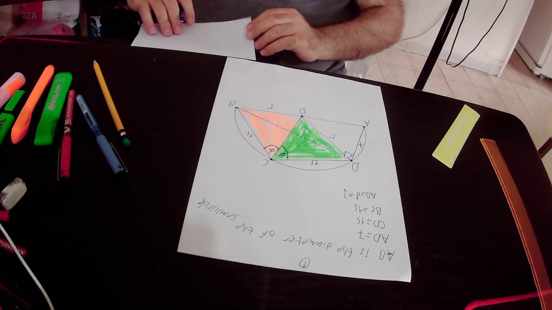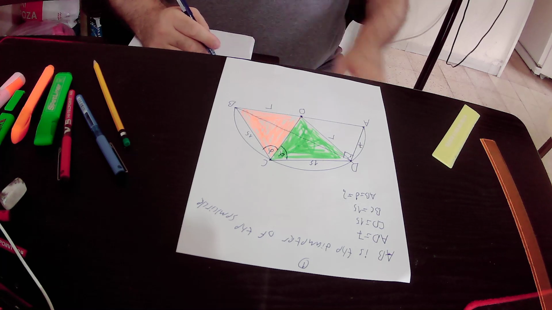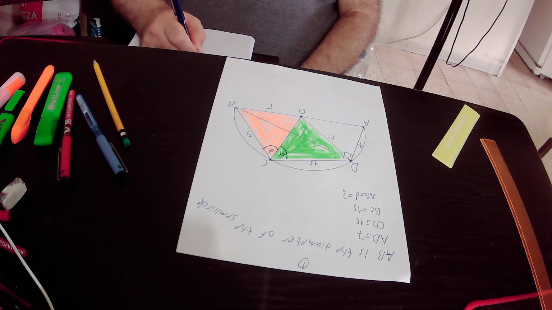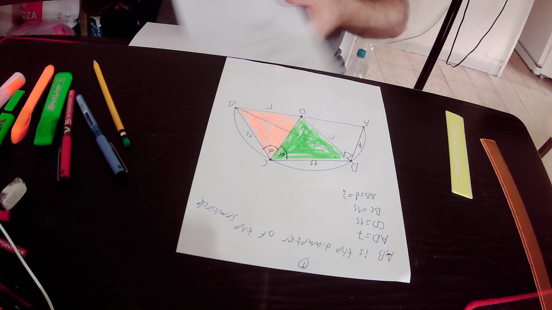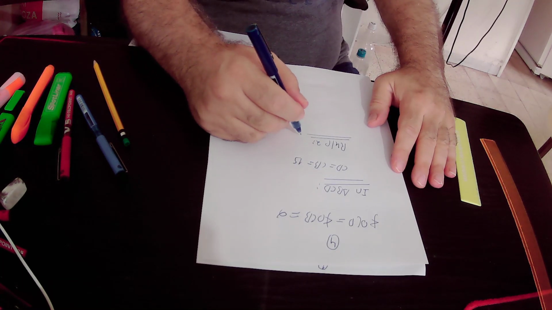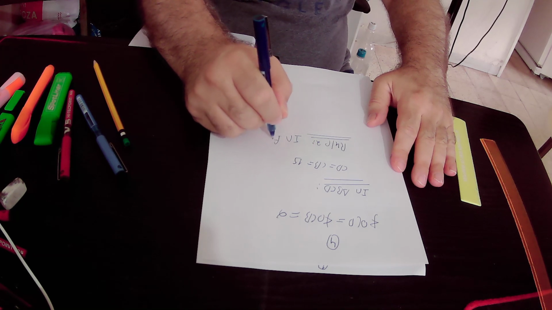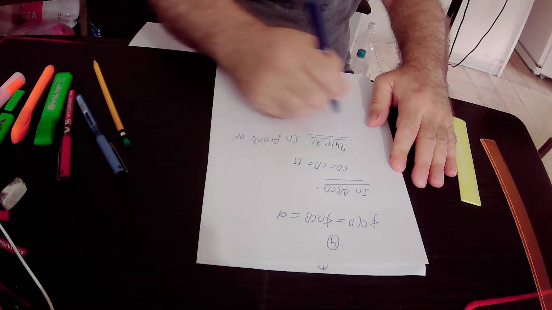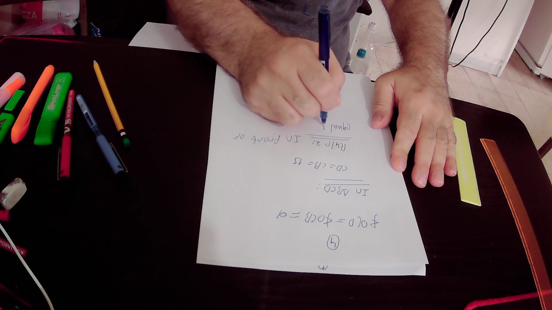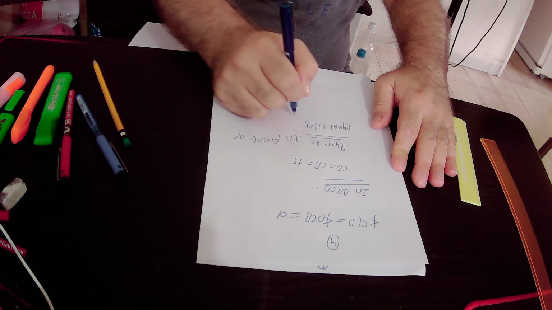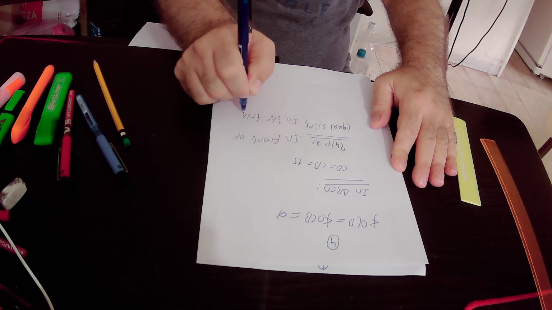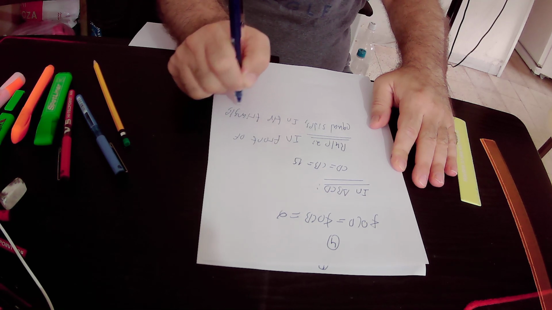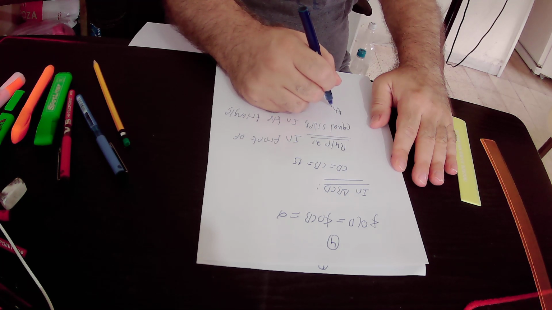And so those two sides are equal to each other, and we have rule number 2 that states that in front of equal sides in the triangle, there are equal angles.